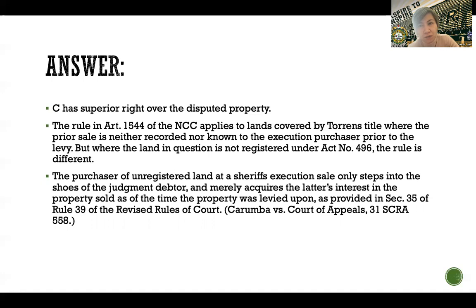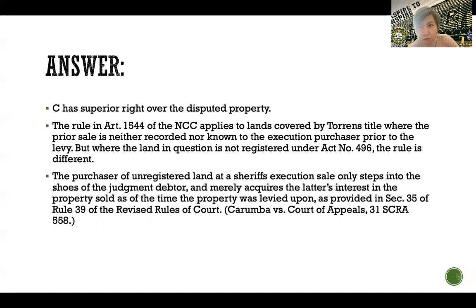So, one creditor, however, of Sammy Maron, Manila Supply and Trading Company, was able to obtain a judgment against him. So, gilevy niya ang property and it was sold at public auction, and Manila Supply and Trading Company was the winning bidder.